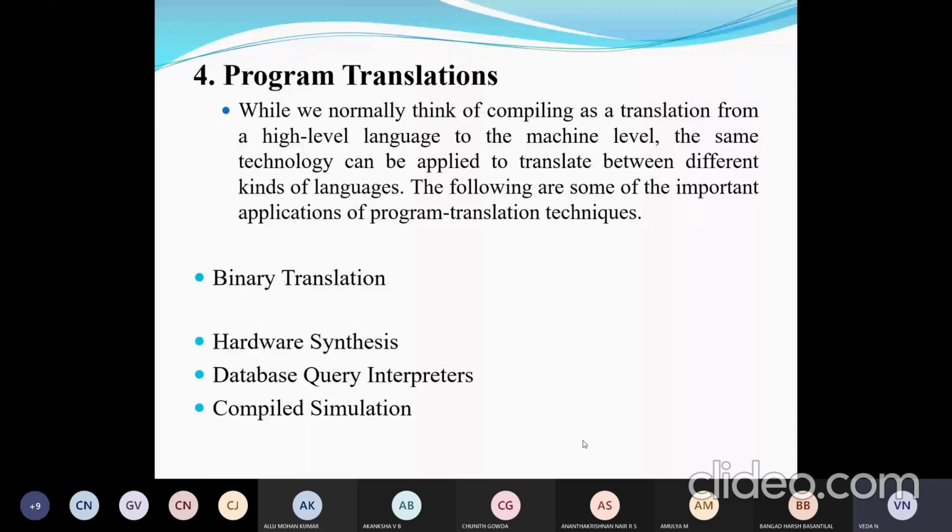Next, hardware synthesis. It's not only the programming language, that is the high-level programming language, where the compiler has to be supportive. It depends on the hardware design also. We have just seen in the previous part that it depends on the computer architecture as well.